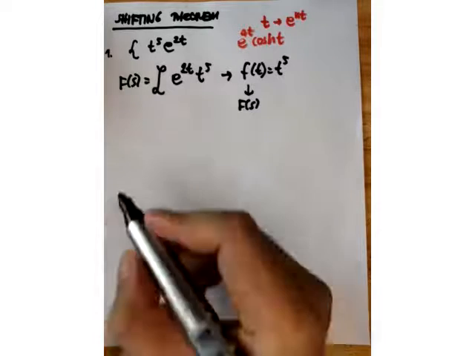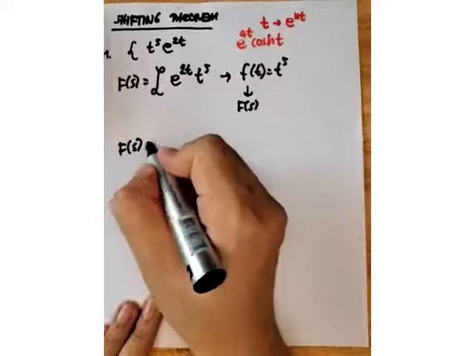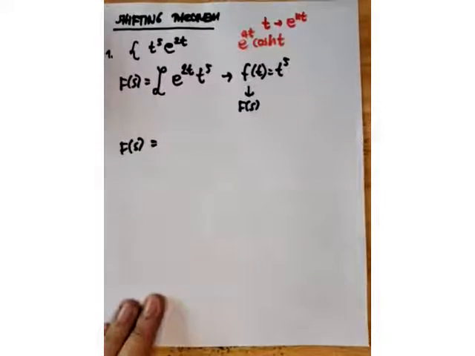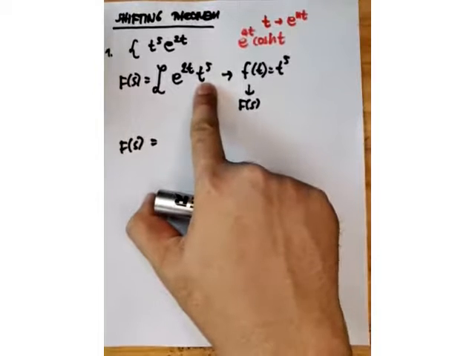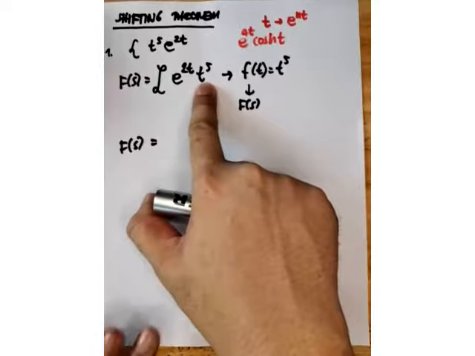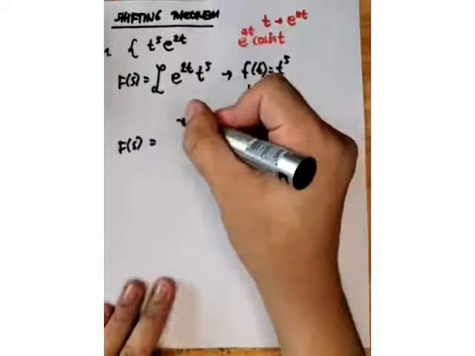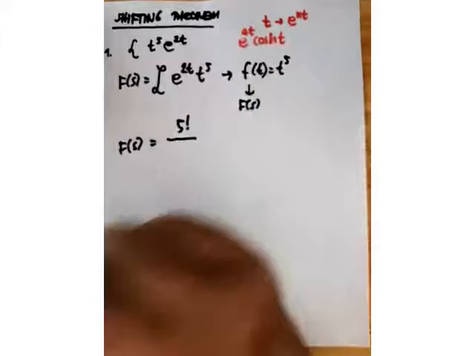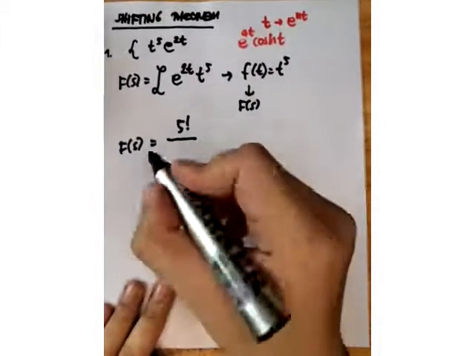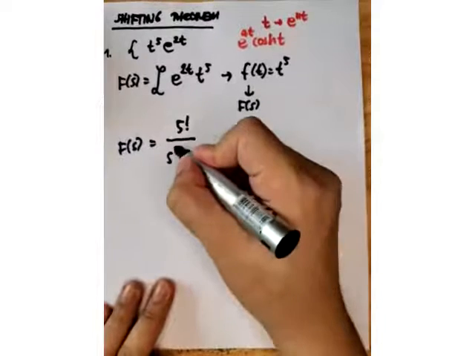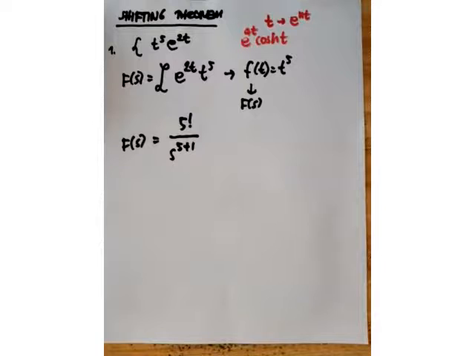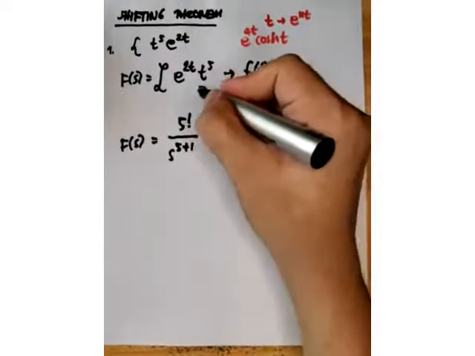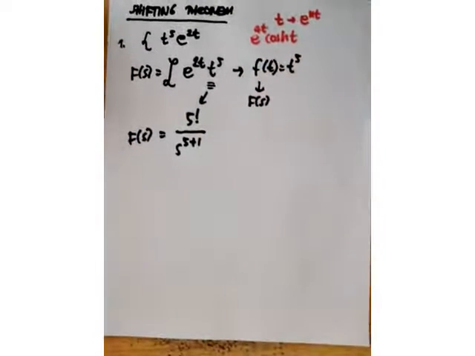So, mangyayari ay yung function natin ay equal siya sa Laplace transform ng t raised to 5. Kaya ang t raised to 5 natin ay 5 factorial over s raised to 5 plus 1. Okay? So, yun yung ating Laplace transform, yung t raised to 5 muna.